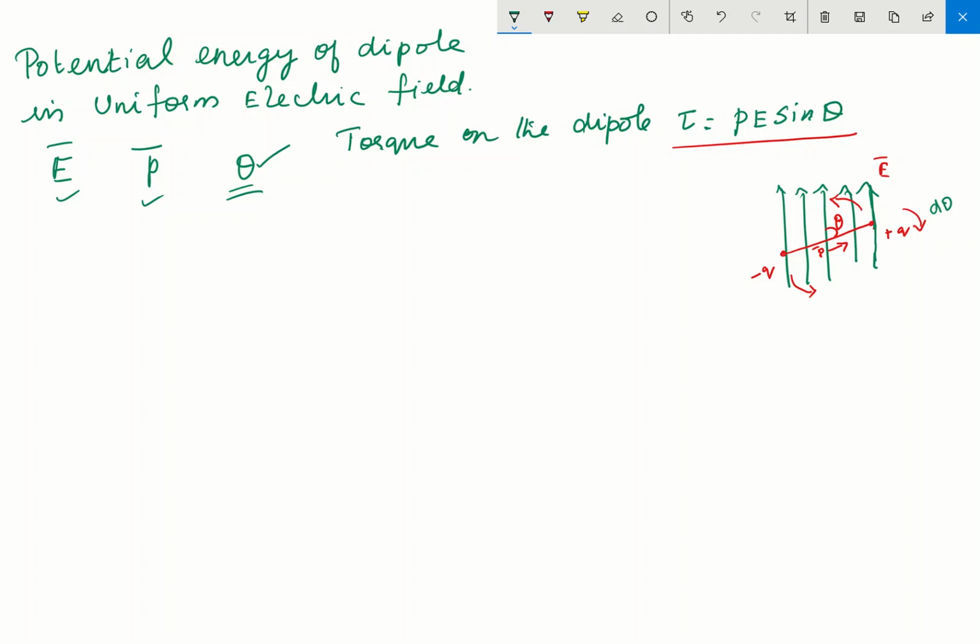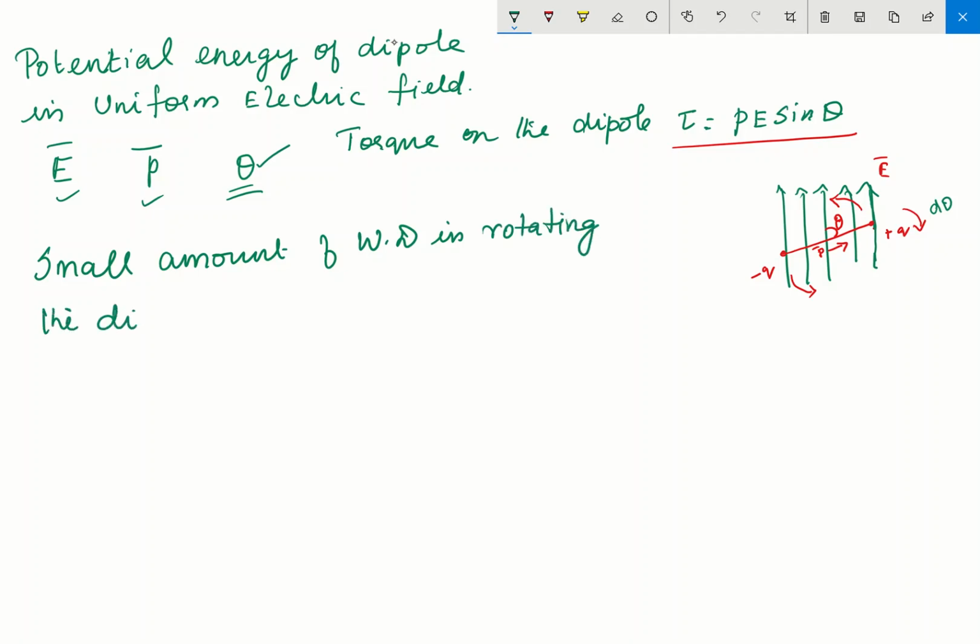Now we are going to see what the small amount of work done is in rotating the dipole through a small angle d theta against the torque.